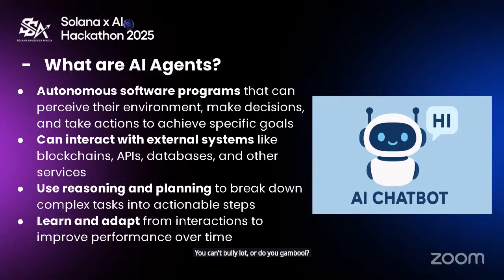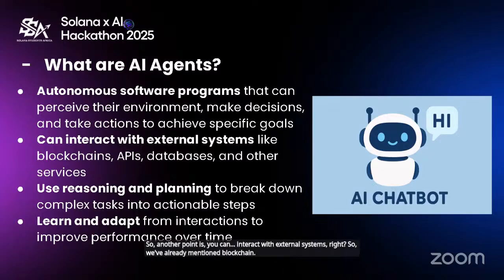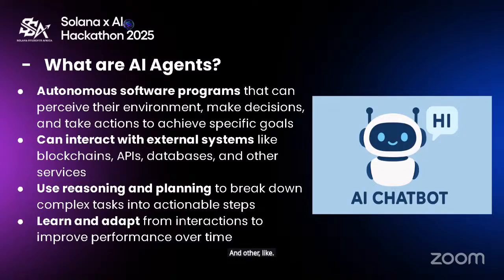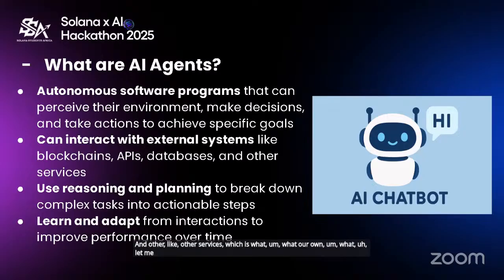Stuff like that. So another point is you can interact with external systems, right? So we've already mentioned blockchain and other services, which is what our own, let me call it Nebula, does. So what Nebula does is just to interact with the blockchain and get the data for you.